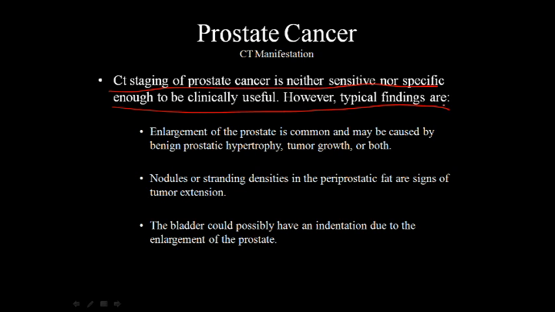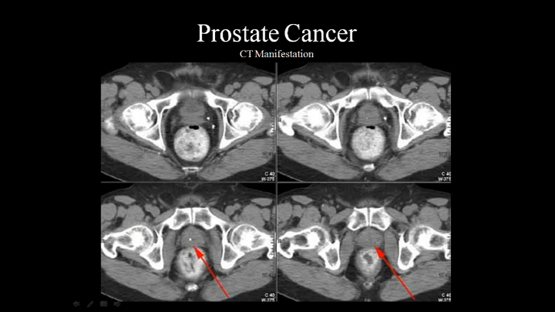So you could have enlargement of the prostate simply as a normal function, or it could be caused by tumor growth. Nodules or stranding densities in the periprostatic fat are signs of tumor extension, and the bladder could possibly have an indentation due to the enlargement of the prostate. Usually this is what you're going to see: a bladder indentation and possibly enlargement of the prostate outside of normal measurements. That's pretty much all CT can get.